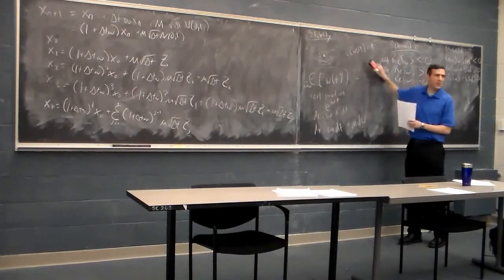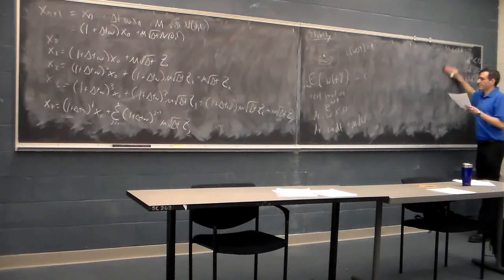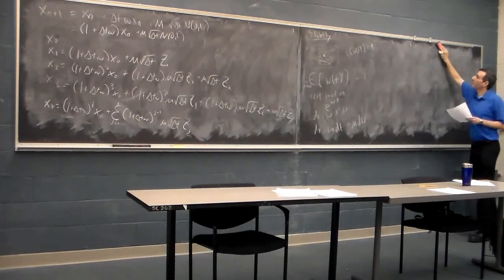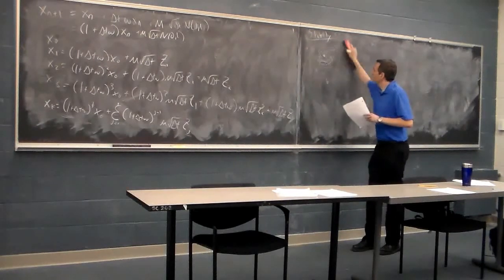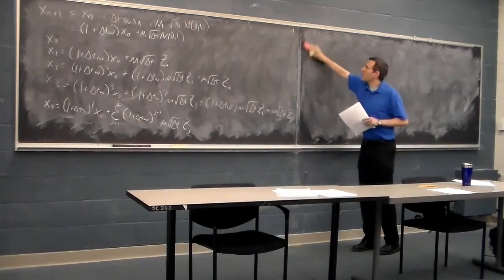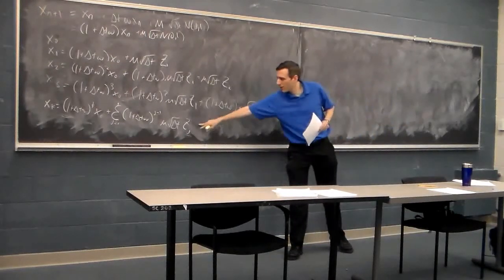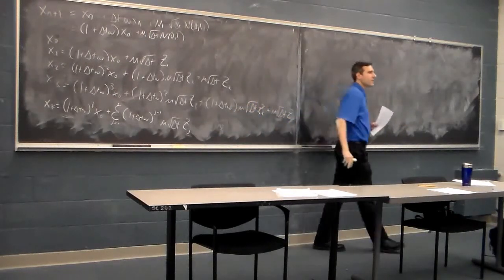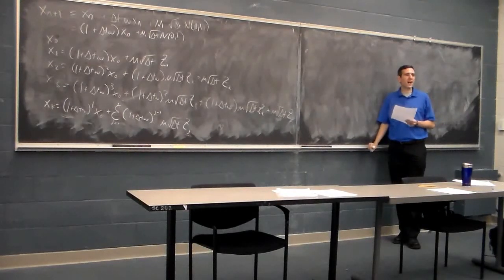Does this make sense to everyone so far? So what we want to know is if this thing is stable. Is this thing converging as we go to successively higher k?